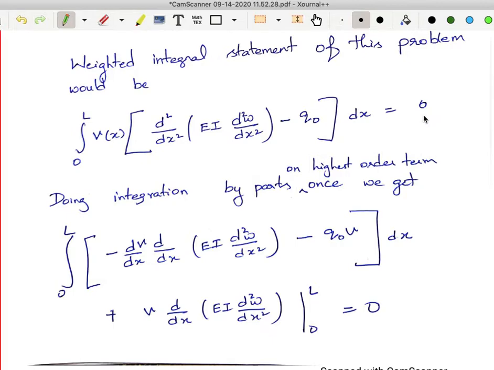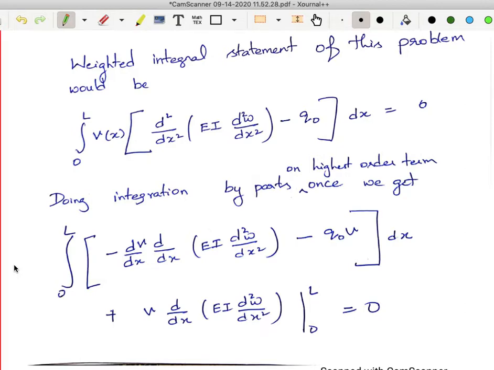So to begin with, the order of derivative on the weight function is 0 and the order of derivative on the deflection field W is 4. The highest order is 4. When we get the weak form, how many times should we do integration by parts so that we get the same order of derivative on the weight function and W? Two times. We have to do integration by parts twice. All right, so let us do it.